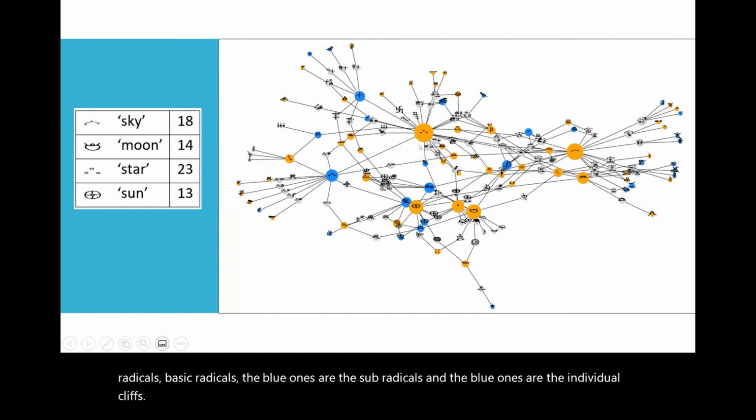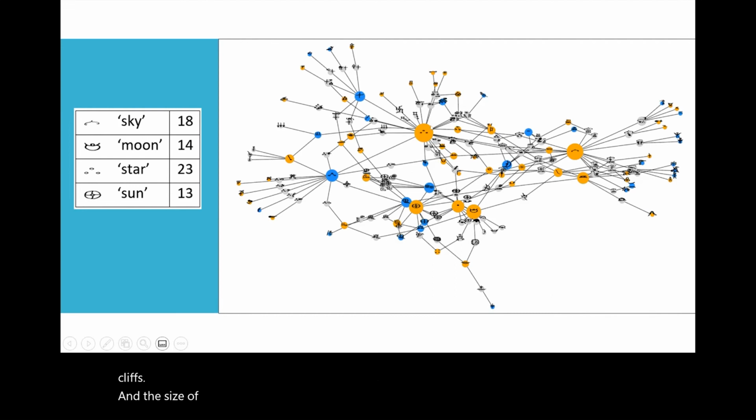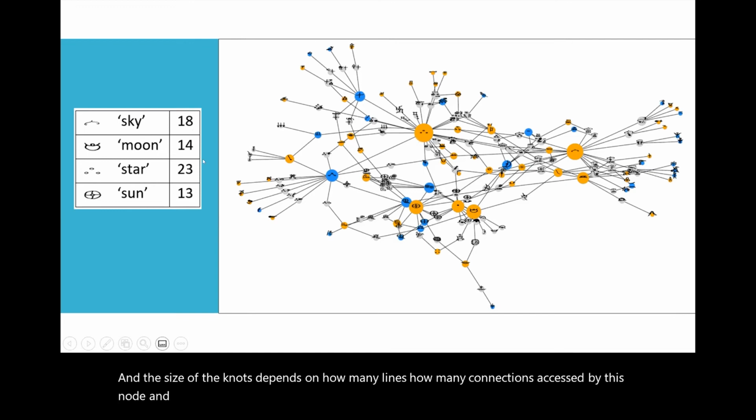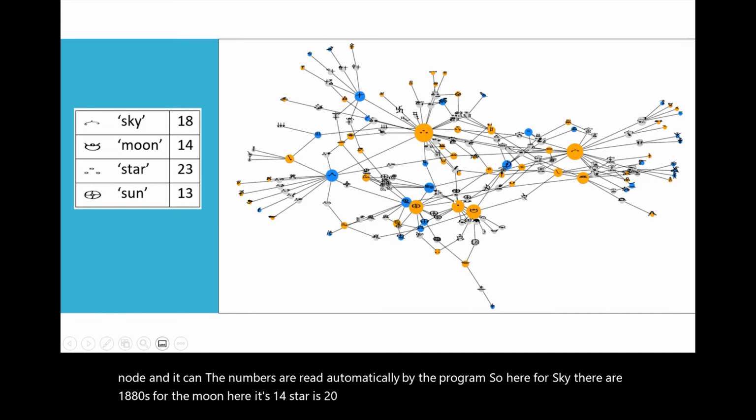The size of the nodes depends on how many connections they have, and the numbers are read automatically by the program. So for sky, there are 18. For the moon, it's 14. Star is 23, and the sun is the most salient node in this network.